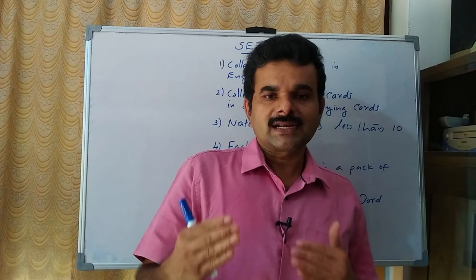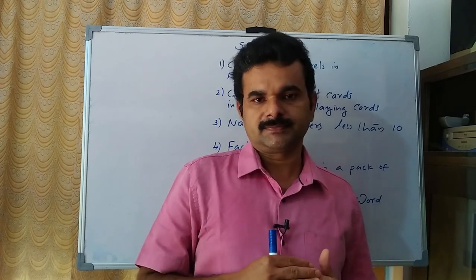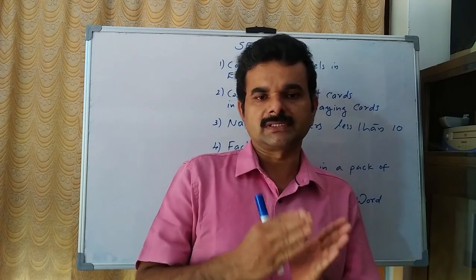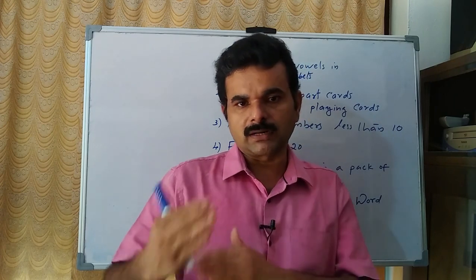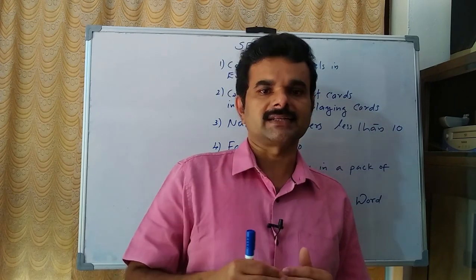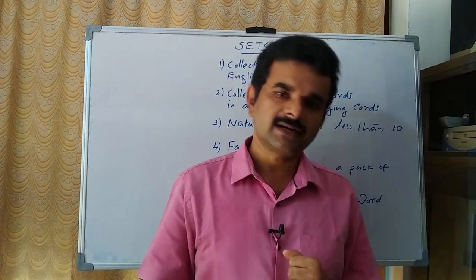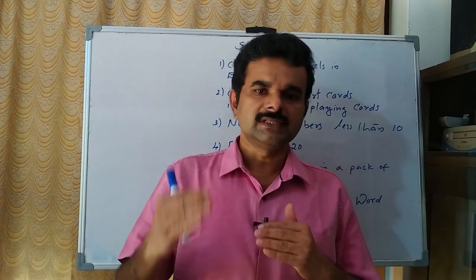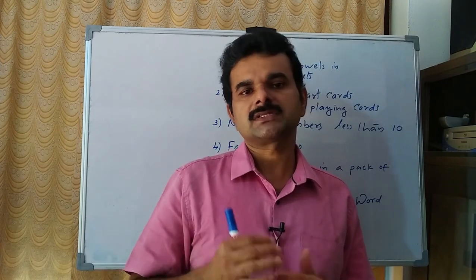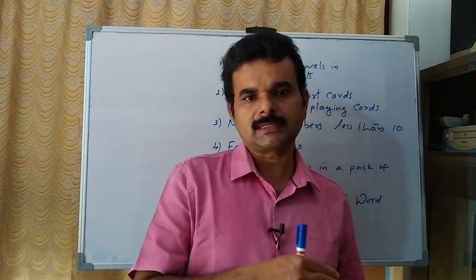These all things are clearly defined, isn't it? Set of natural numbers from 1 to 100 means it is very clear that the numbers are starting from 1 and ending at 100. So this is the meaning of the term set. The same meaning is used in mathematics also.